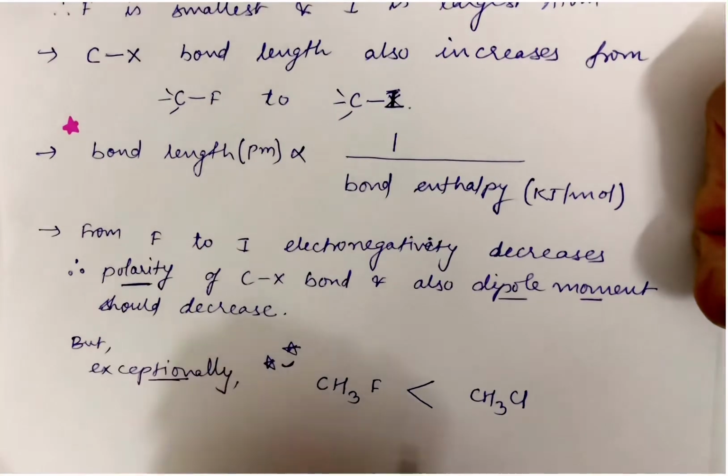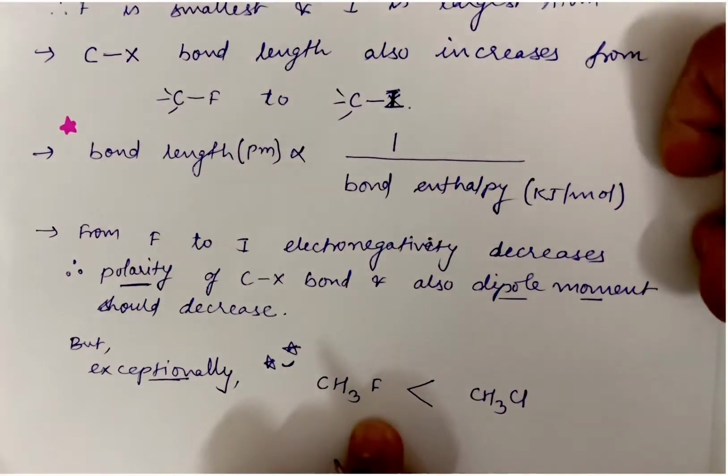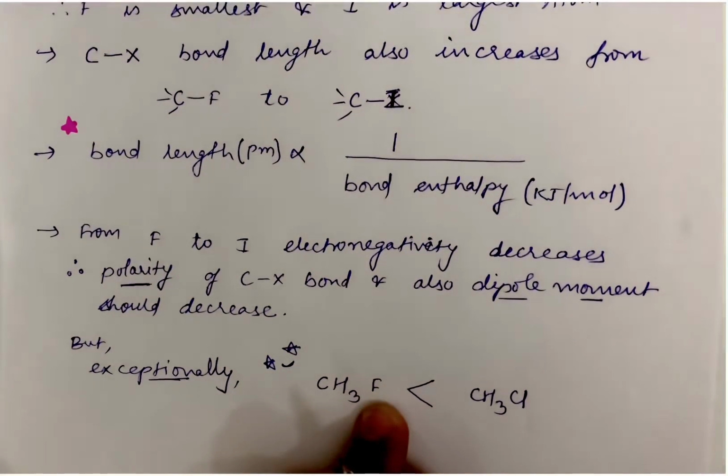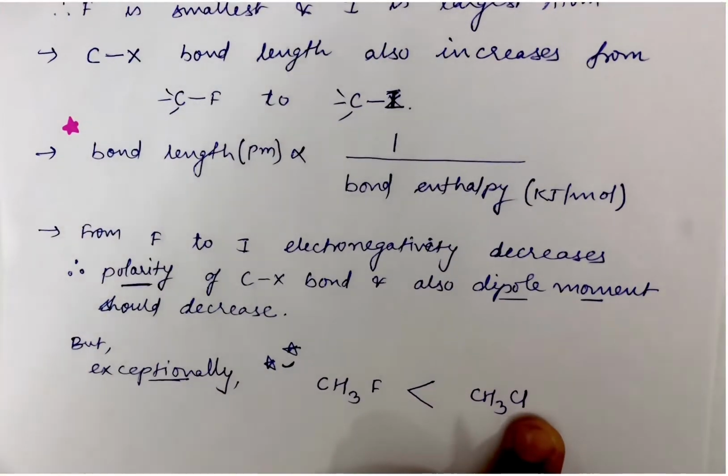Now you may ask why it is violating this particular point. So let me clarify this to you. Now students, if you look at the magnitude of this particular F in case of fluoromethane, obviously it is much higher than the magnitude of the Cl atom.